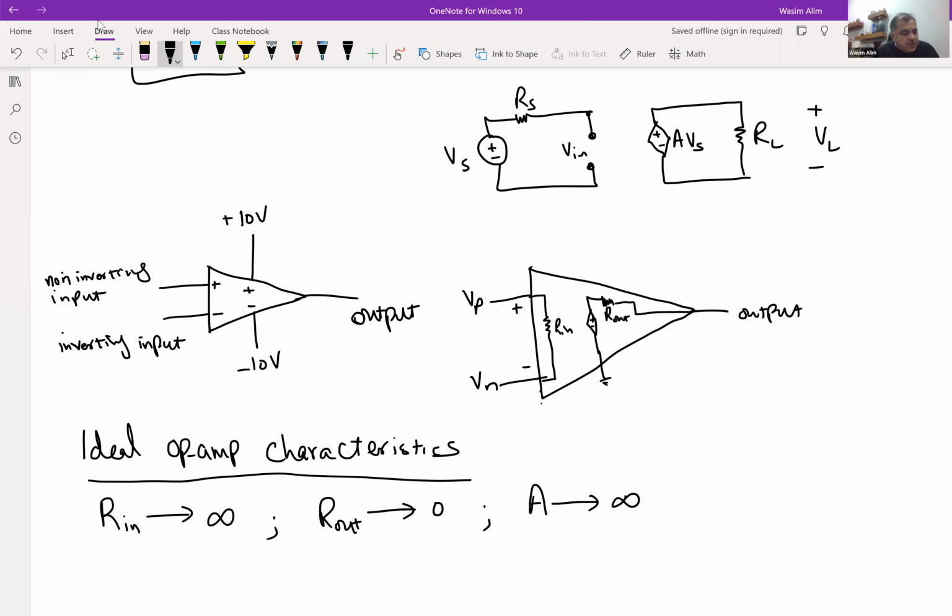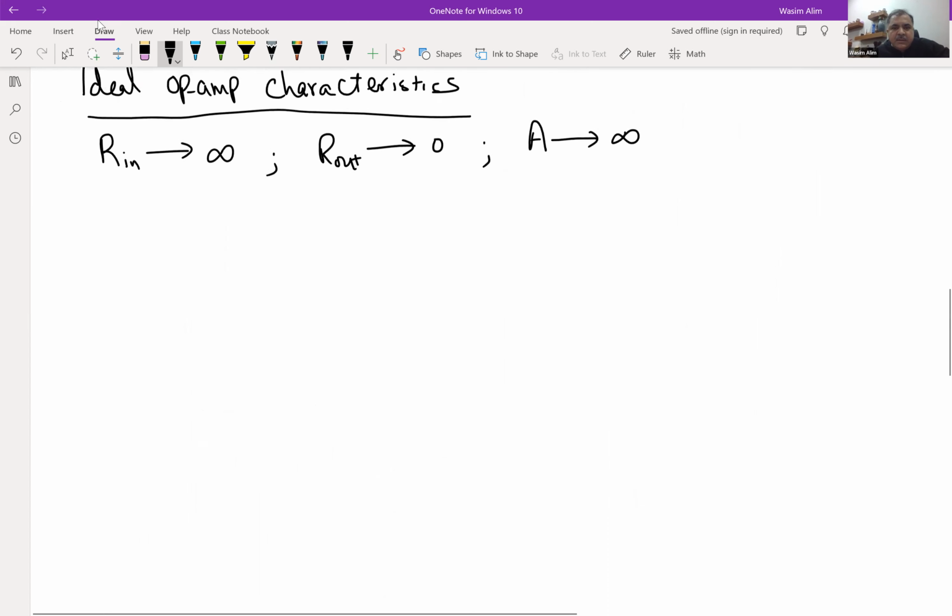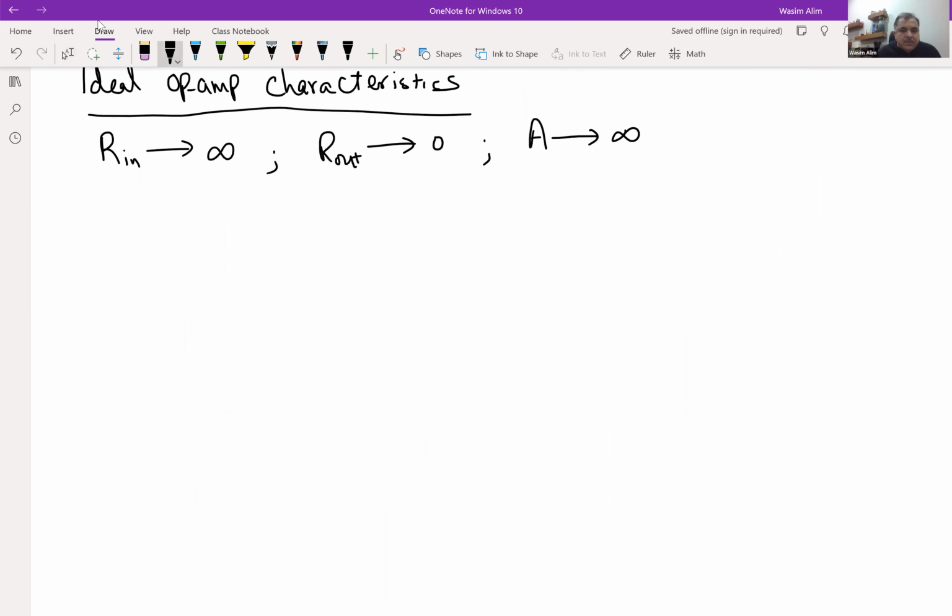So let's first look at a negative feedback connected circuit. So it's basically an op-amp circuit with negative feedback. So the circuit is showing a source voltage, source resistor, let's just connect it to ground like that. This is my RS.